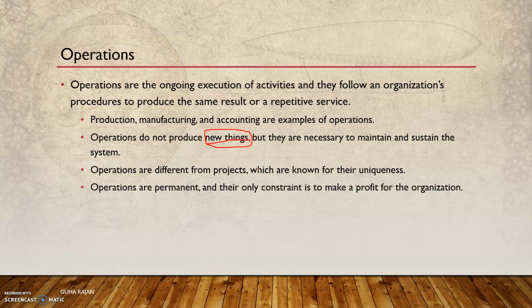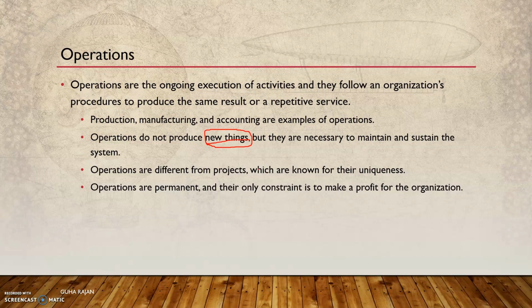Operations are permanent and their only constraint is to make a profit for the organization. But again, this could be slightly dicey. There are organizations which are purely projectized and could work for the profit motive alone. Whereas there could be another organization which wants to produce an automobile vehicle or a smartphone.